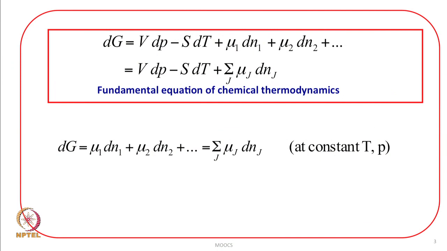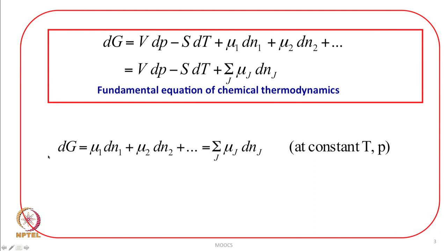If I fix the temperature and pressure, then the V dP minus S dT term will go. Only the remaining term will remain. That is, dG in that case will be equal to, if you expand this, mu 1 dn1 plus mu 2 dn2 and so on, which is equal to summation over J of mu J dnJ at constant temperature and pressure.